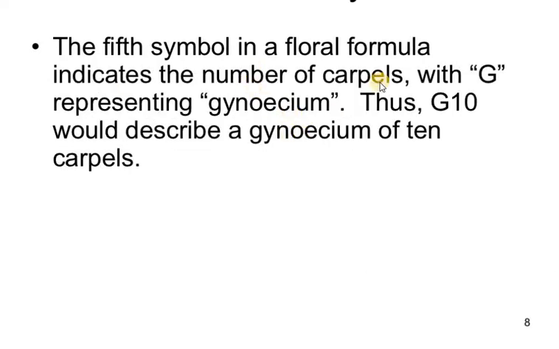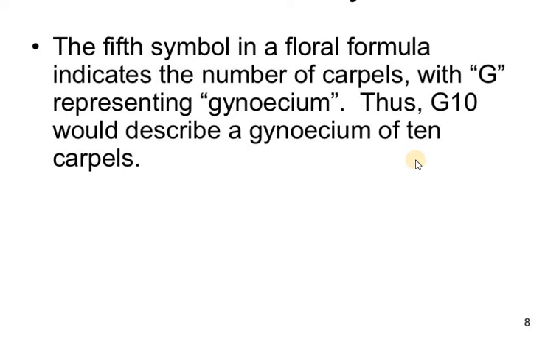Similarly is the case with gynoecium: G10, gynoecium 10. Often to represent whether the gynoecium is hypogynous, epigynous or perigynous, we use a small dash. After putting G10, if we put a dash above the G, that means gynoecium is inferior.